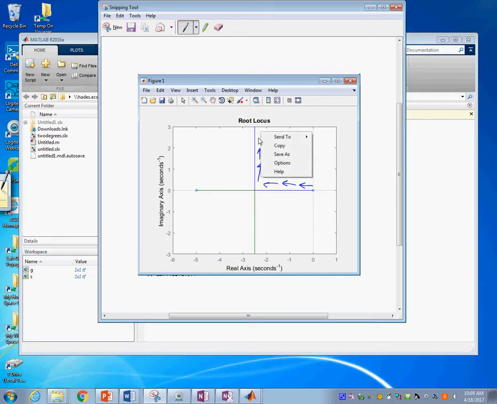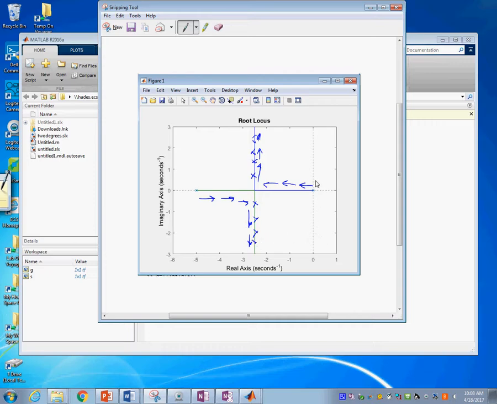Would this system ever be unstable? The green one goes this way and then goes this way. Would the system ever be unstable? The way it looks based on this root locus method, the system would never be unstable, because it doesn't matter how big k gets, the location of the poles keep going like this, and of course this way.